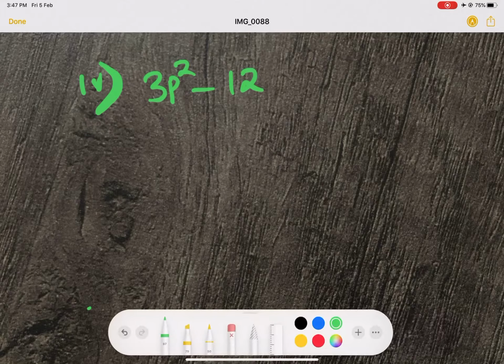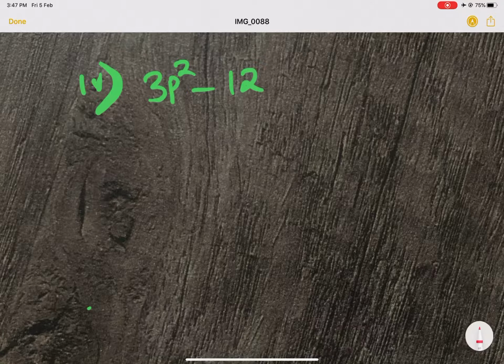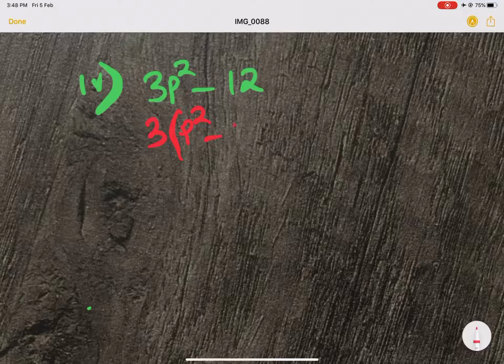So to factorize such an expression, what you do is, first of all, you have to find the common factor. What number can go into 3 and 12 without leaving a remainder? It is 3, okay? 3 into 3p squared, 3 and 3 will cancel, you have p squared. 3 into 12, that's 4, okay? And then we have 3, then p squared minus 4, which is the same as 2 squared.